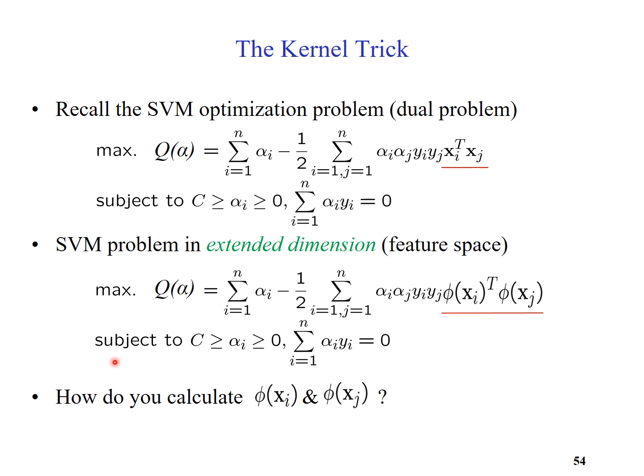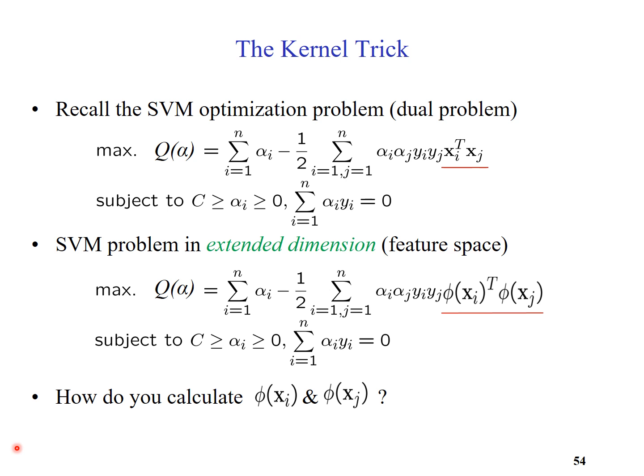For example, this dual problem is much easier to solve than the primal problem. The constraint in the dual problem is an equality, which is much easier to handle, but in the primal problem the constraint is an inequality, so it's more difficult to handle. So there are many advantages.